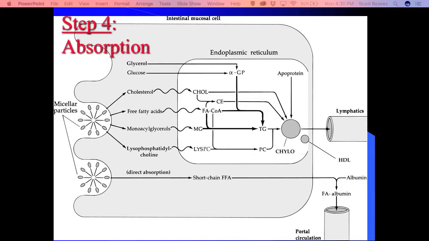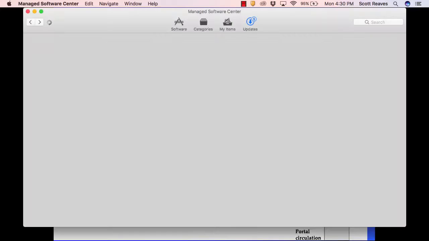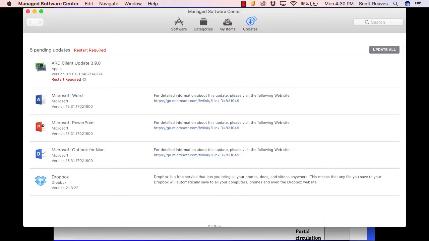It's probably better if this says mixed micelles. So these are micellar particles.